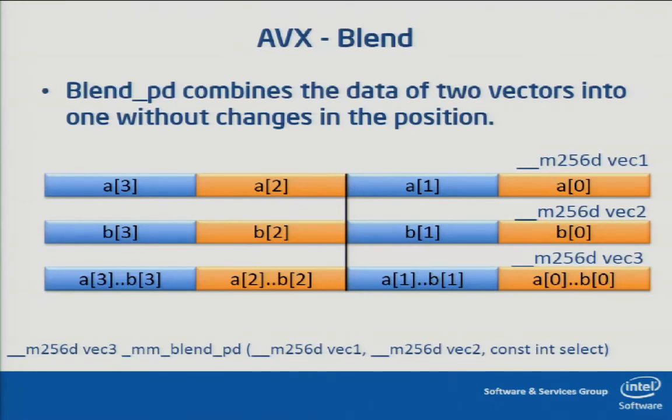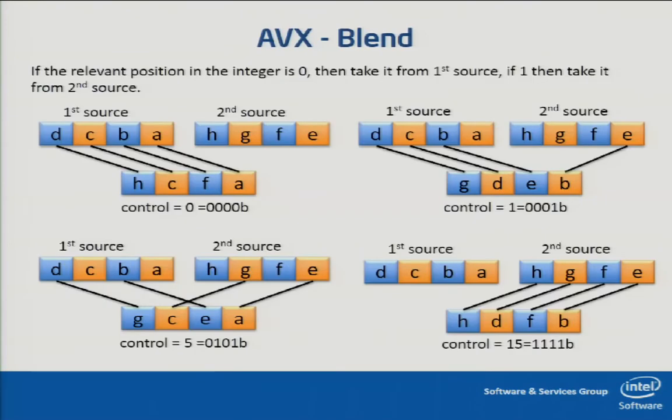It should be _mm256_blend_pd. It will choose fields from either vector 1 or vector 2 into the resulting vector. And you do this via a constant integer. In the binary representation of the integer, where we find a 1, we take it from the second source. Where we find a 0, we take it from the first source. So these are some examples of how this is done.